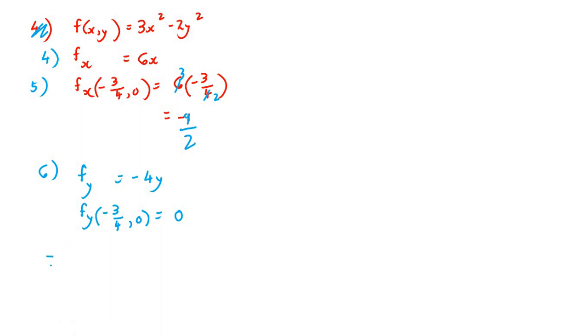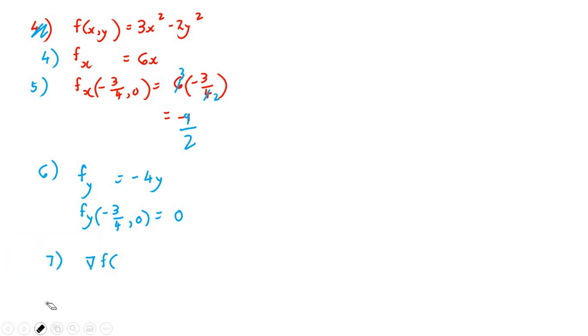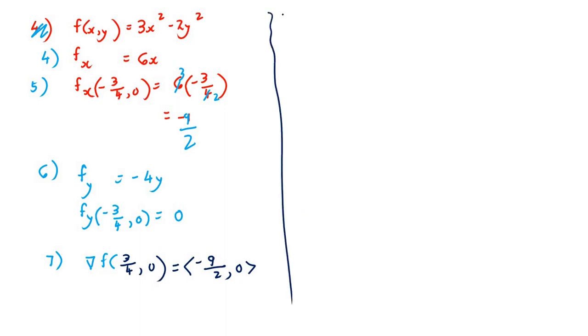So number 7, the gradient vector nabla f(x,y) at the point (-3/4, 0) is negative 9 over 2 i plus 0 j.